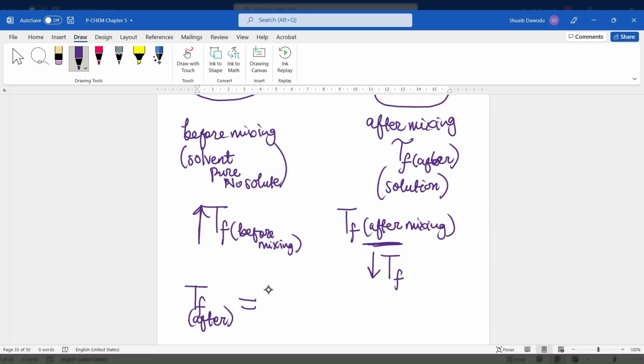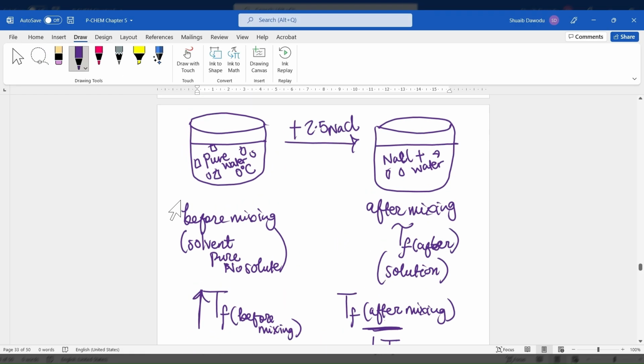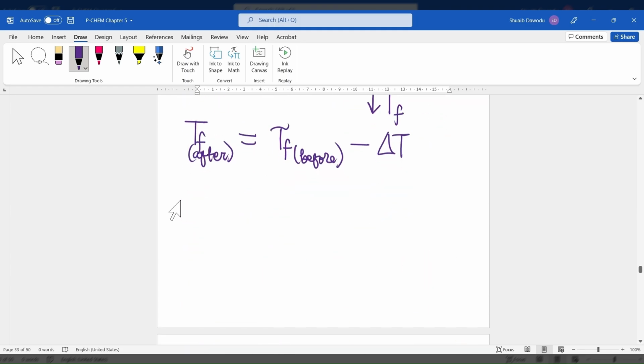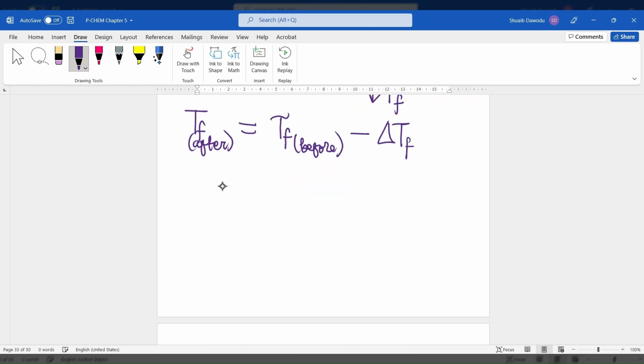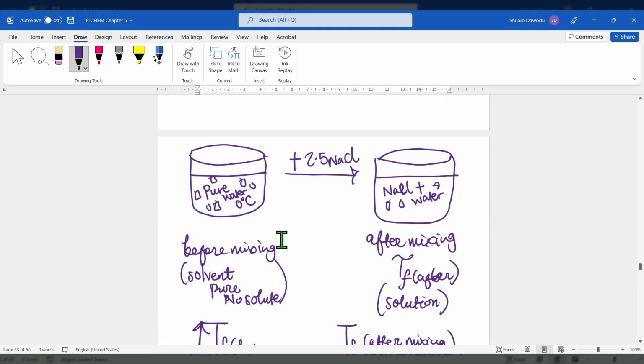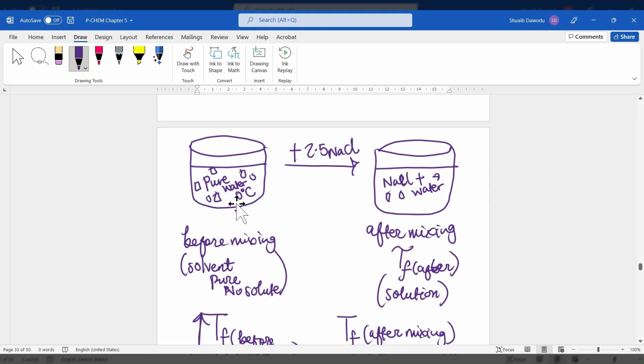So T sub F after is just simply going to be T sub F before mixing, minus the change in T, which is just the difference in the value for the freezing point before and after mixing. So that is it. T sub F after is simply going to be the temperature before mixing. Remember, I just explained in the diagram that the freezing point temperature of a pure solvent is unique.